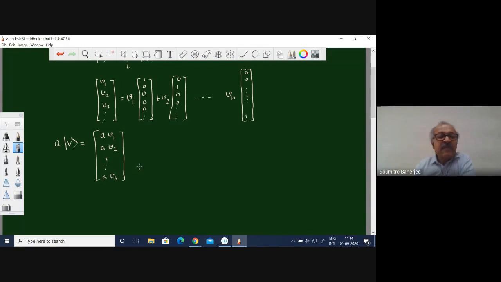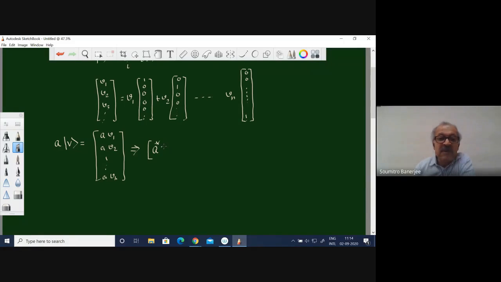And if you want to convert that into its equivalent bra, the bra will be a row vector comprising the conjugated components. A is also a constant, which can be complex valued, so it also will have the stars.